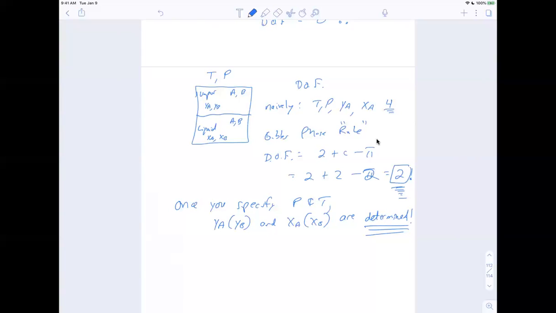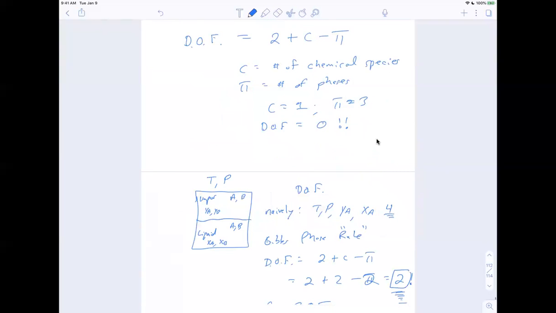You need to understand, or at least know ahead of time, what sort of compositions your system will have in order to be able to design a process. So this is a prelude to when we get to binary phase equilibrium a little later. I thought that's quite interesting, and it's a nice place to point this out in terms of the degrees of freedom.